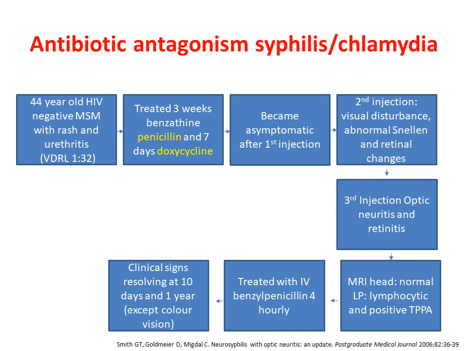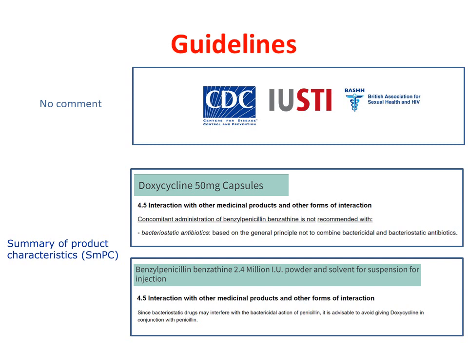The authors of this case suggest that its initial resolution of symptoms, followed by neurological syphilis, may have been due to antagonism between penicillin and doxycycline. There are no comments on simultaneous use of benzathine penicillin and doxycycline in any of the international guidelines, including BASHH and CDC.